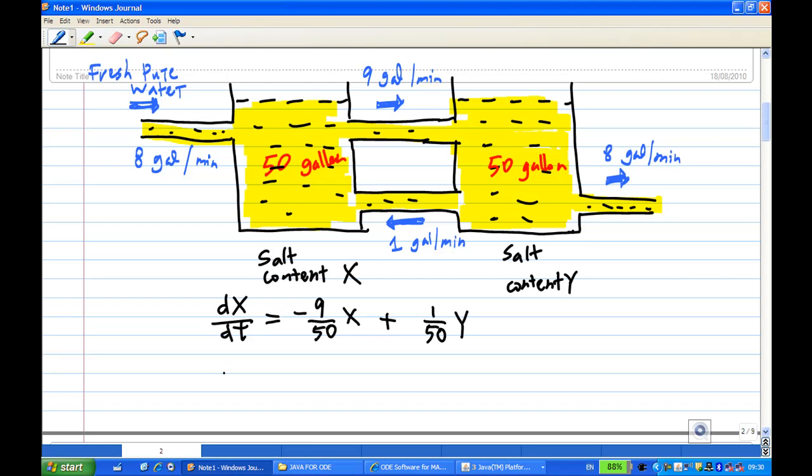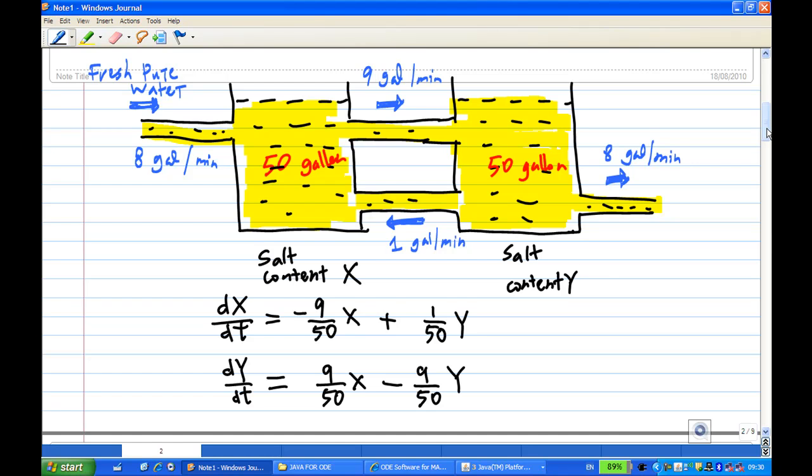Now let's look at the rate of change of y. We know that it receives 9 gallons per minute from tank number 1. So the amount of salt received is 9 over 50 times x. And it releases 1 gallon to the first tank and releases another 8 gallons out. So in total it releases 9 gallons of liquid. So it releases 9 out of 50 y. This is the rate of change.